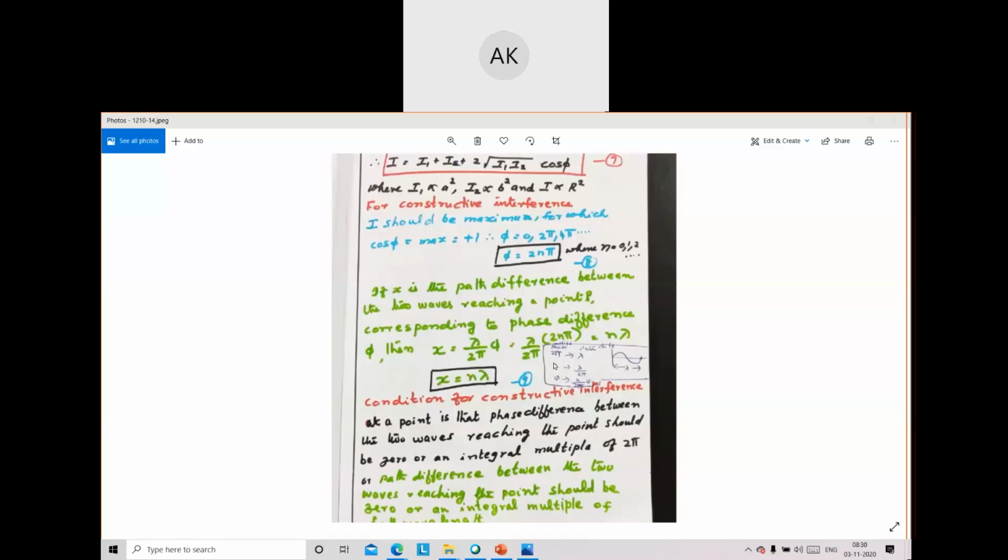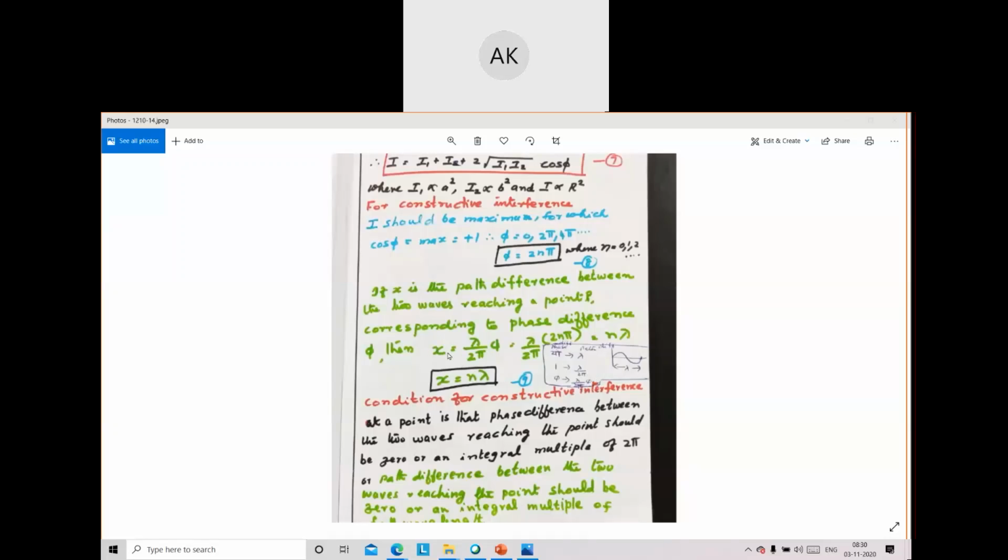So for 2 pi phase difference, lambda path difference. For unit phase difference, lambda by 2 pi. Therefore, for a phase difference of phi, what is the path difference? Lambda by 2 pi into phi.